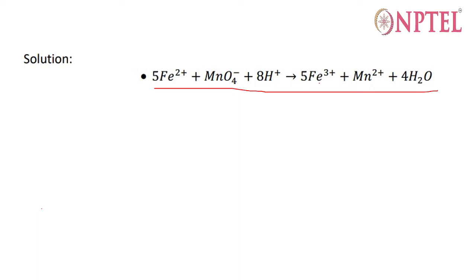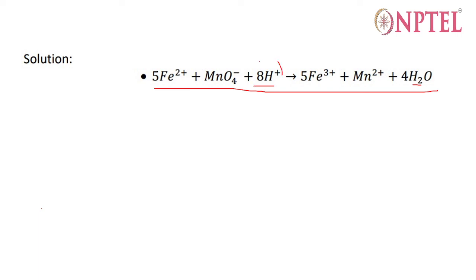No need to go for any electrons and all. So this is the balanced equation, and from here you can see there are 4 water molecules, so 4 multiplied by 2 is 8, and we need to balance 8 hydrogen ions.